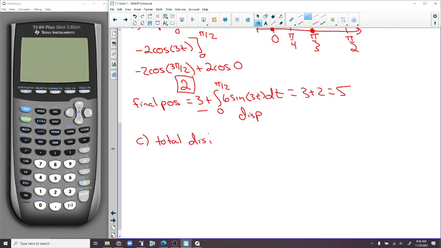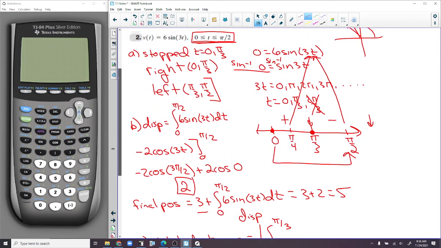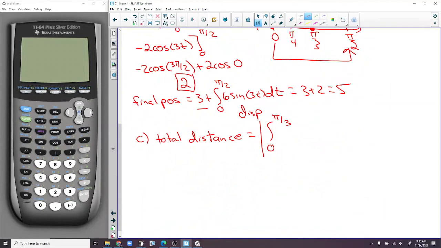Total distance. But the good news, we've done a lot of work for this already. This is going to be equal to the integral from 0 to pi over 2, because we're going to split it over the zero, and we're going to take the absolute value. So we got to split over pi over 3 of, can I just write v of t? Yeah. v of t dt.